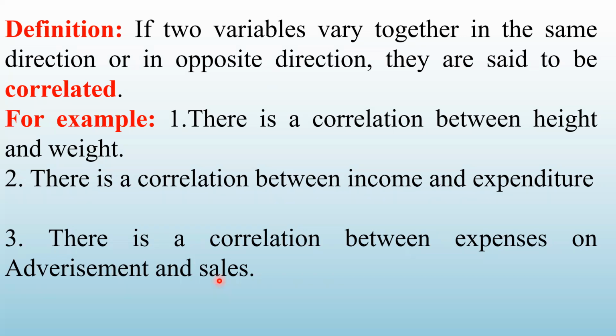If a company gives more expenses for advertisement, then definitely their sales also increase. So there is some kind of correlation between how much amount is spent on advertising the product and the sales of that product. So these are some of the examples where the variables are correlated to each other.